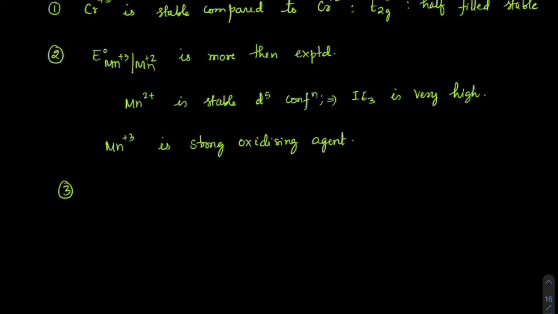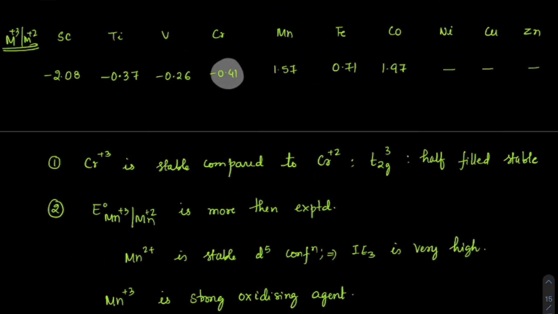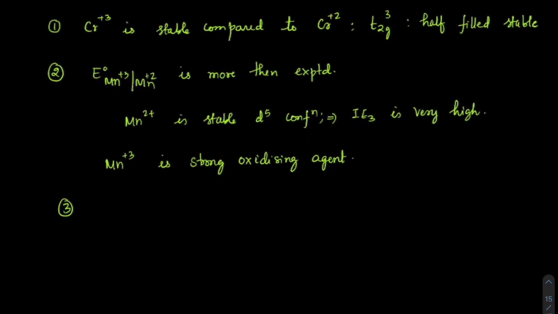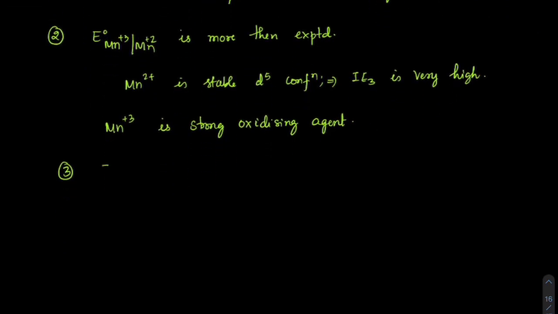Third point, what we can see is iron. Now check out iron. It is 0.71. See, from manganese, again it was supposed to jump, but iron has not jumped so much. So here E naught Fe plus 3 to Fe plus 2 is less than expected.